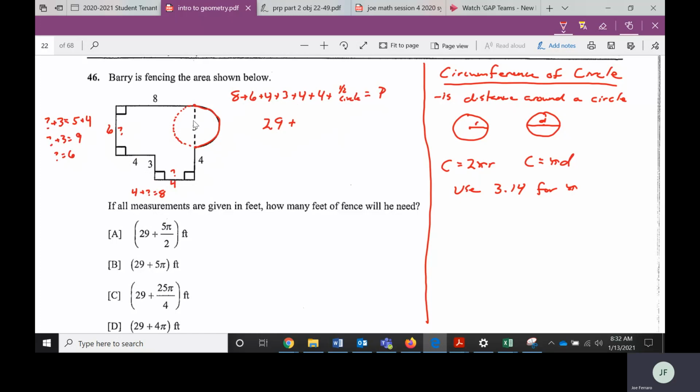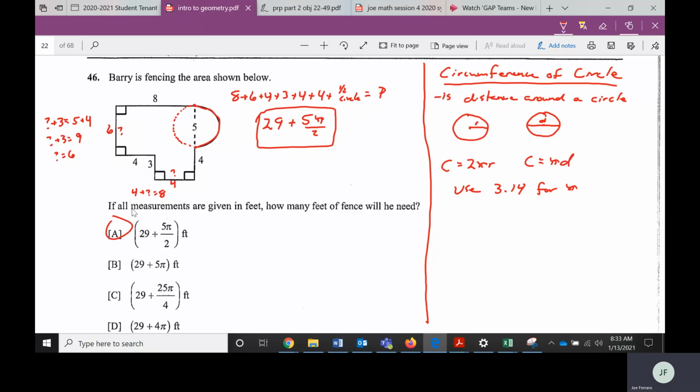Well, our d, diameter of the circle, is 5 times pi. But now, since it's half a circle, we need to cut that in half. And there's our answer, which is right here, letter A.